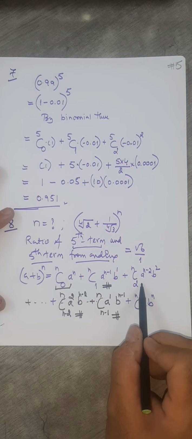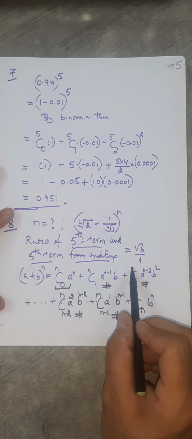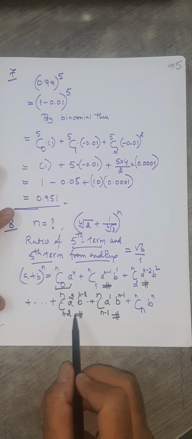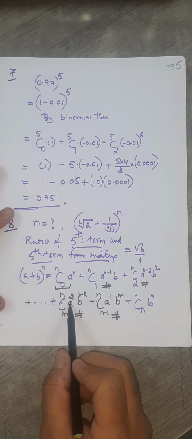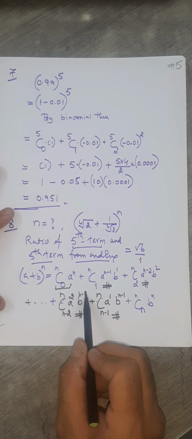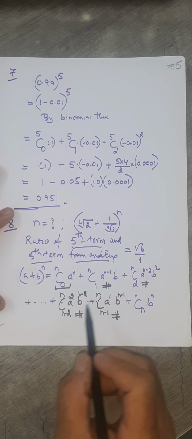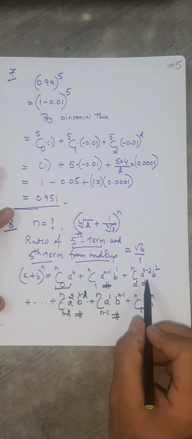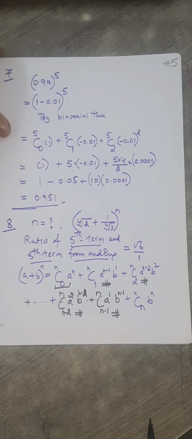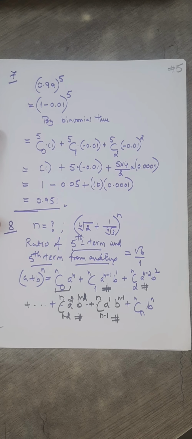Third term from ending and third term from the beginning. What happens here? NC2, here NCn minus 2. Here 2 is the power of a, here 2 is the power of b. Here power of b is n minus 1, here this is n minus 2 and here it is n minus 2 for a. So that concept I'm using and I'm writing here like this.